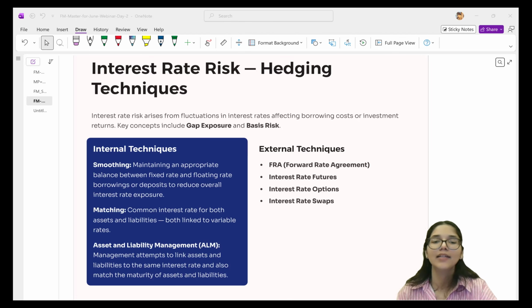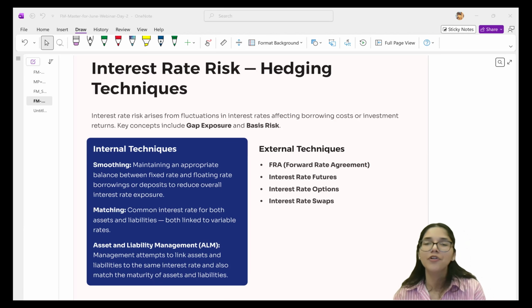Then we have also studied the concept of the basis risk. So we have studied that the variable rates that are decided around the world, they are decided using different rates. So we have the SOFR, which is the secured overnight financing rate. We have the SONIA, which is the sterling overnight index average rate.